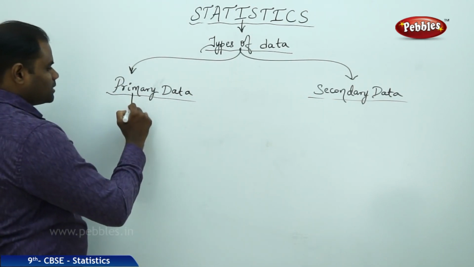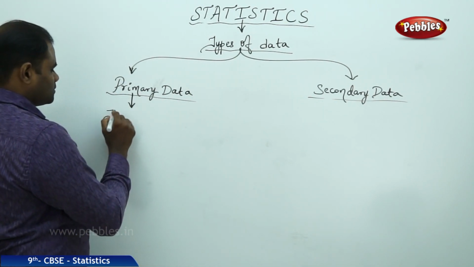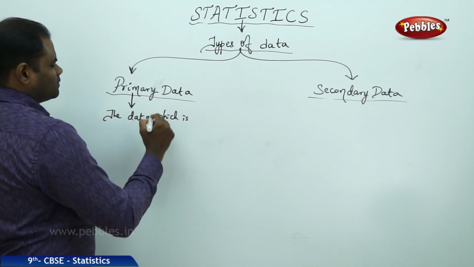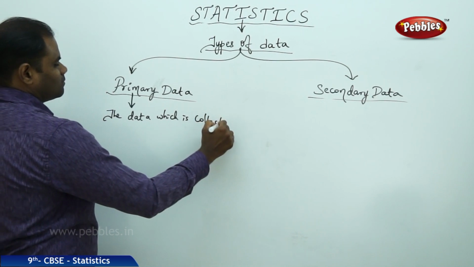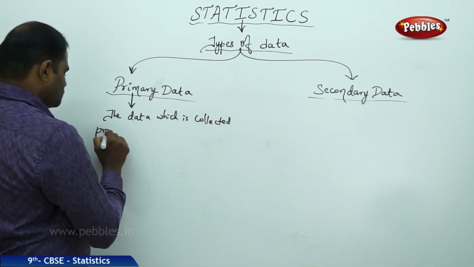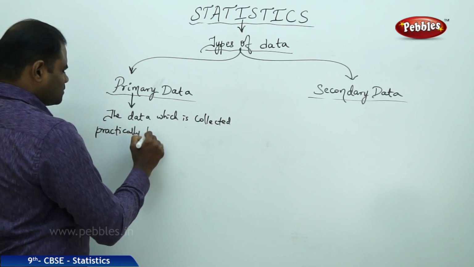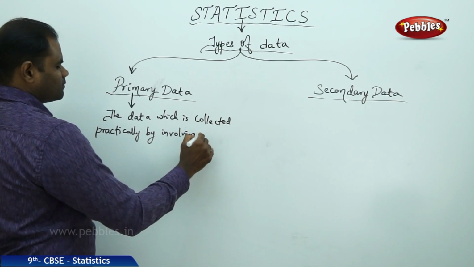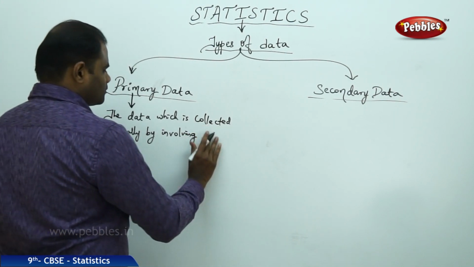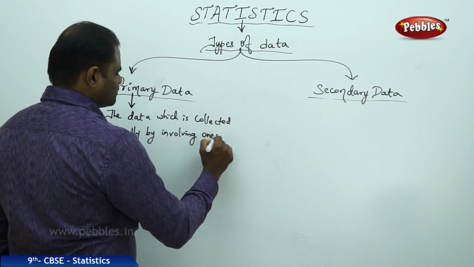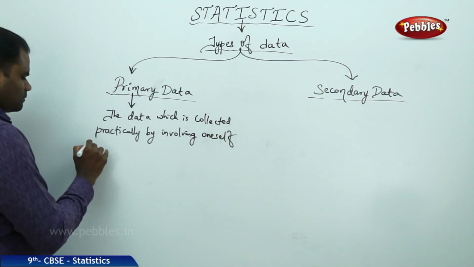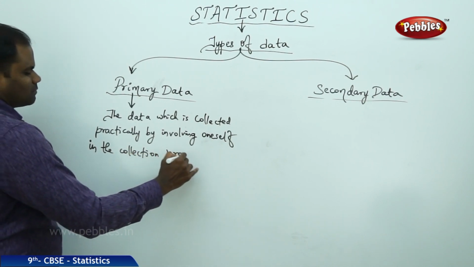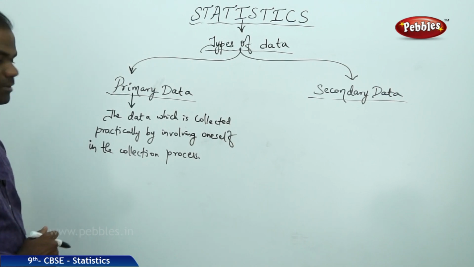So here the most simple definition of primary data is the data which is collected practically by involving oneself in the collection process is called primary data.